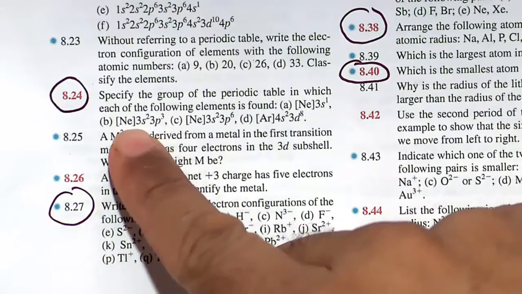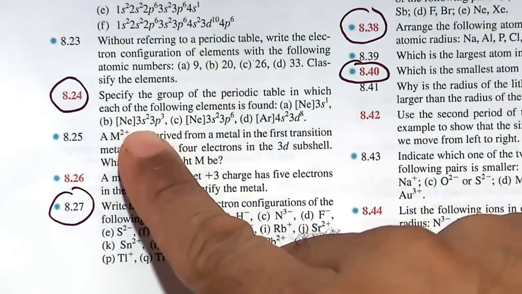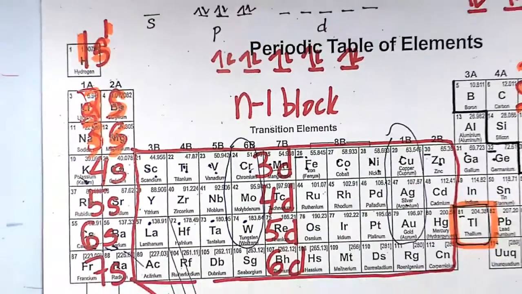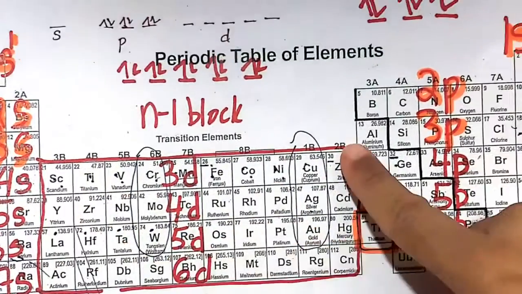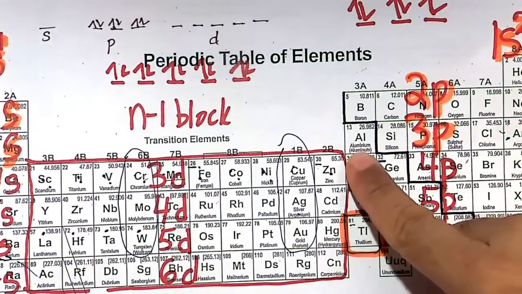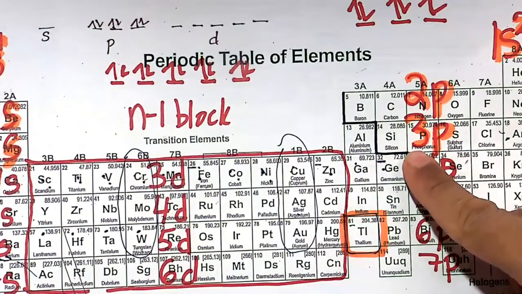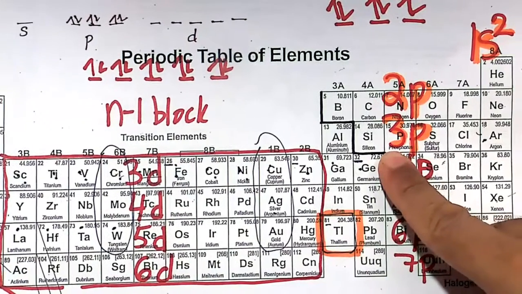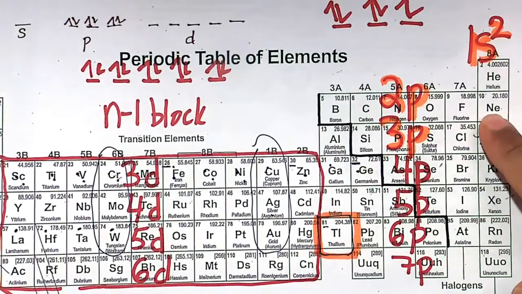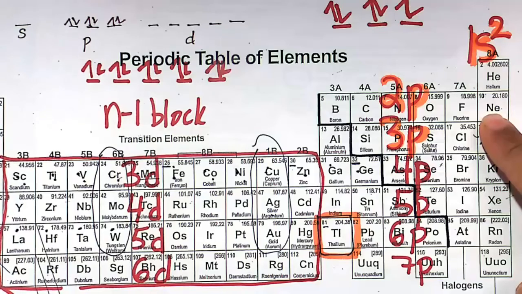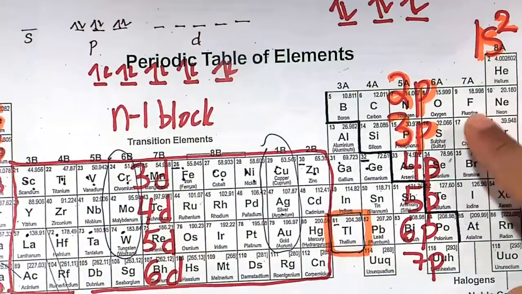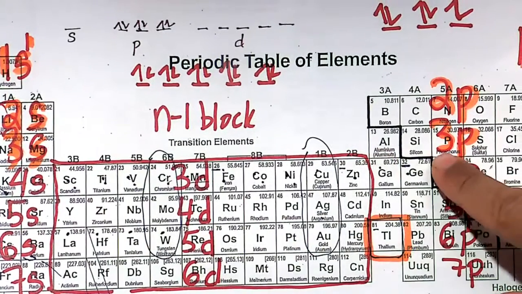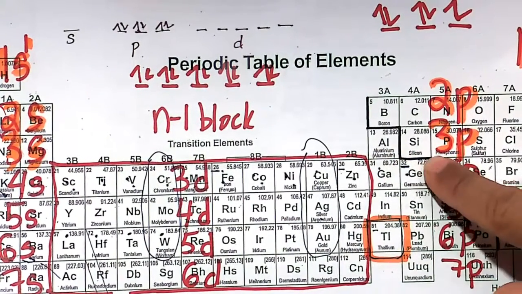Part B asks for neon 3s2 3p3. That's also pretty simple, because after 3s, it's going to go to 3p. So 3p1, 3p2, 3p3, we're talking about the element phosphorus. Phosphorus has 15 electrons, 10 of them fill up the slots formerly for neon, then 3s2, and 3p1, 3p2, 3p3.